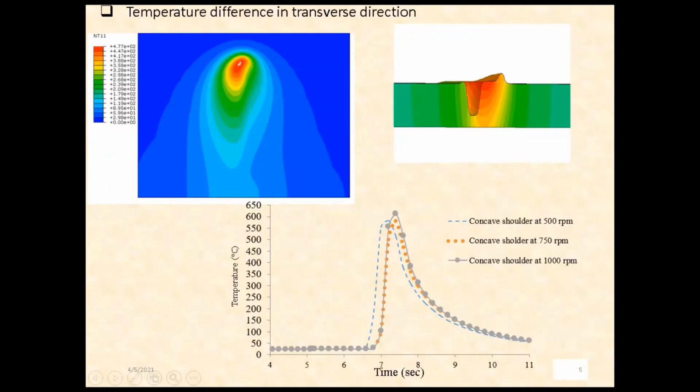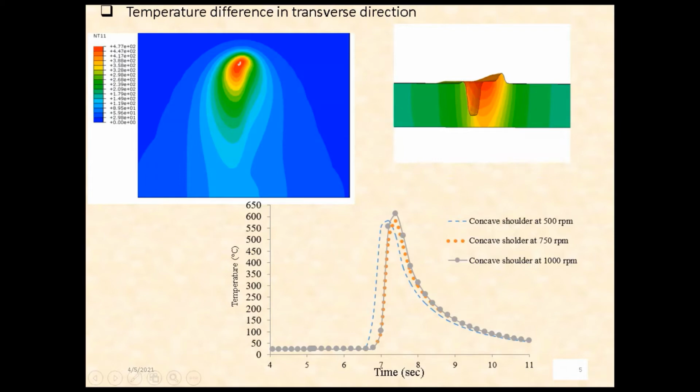We'll see how the temperature profile looks along or across the width of the workpiece when the tool moves from one end to the other. We'll plot the graph in the Abaqus post-processing step, time versus temperature, so through time we see how the nodal temperature changes.